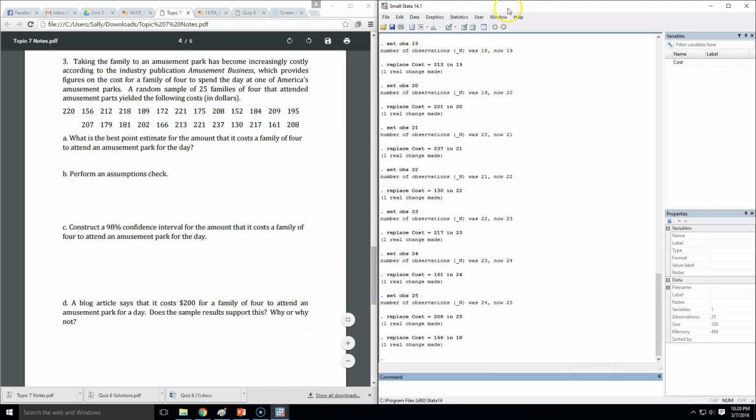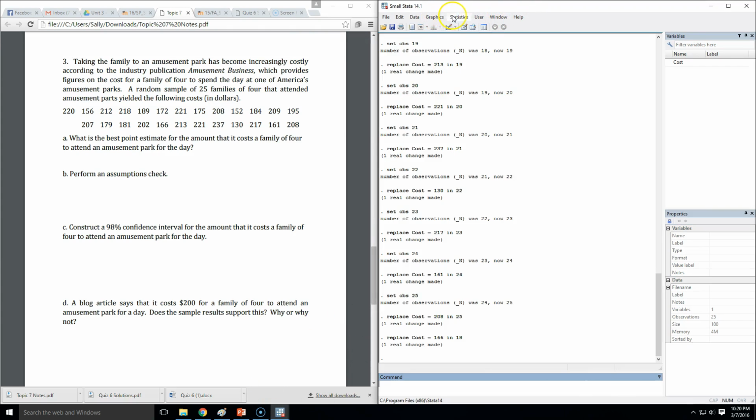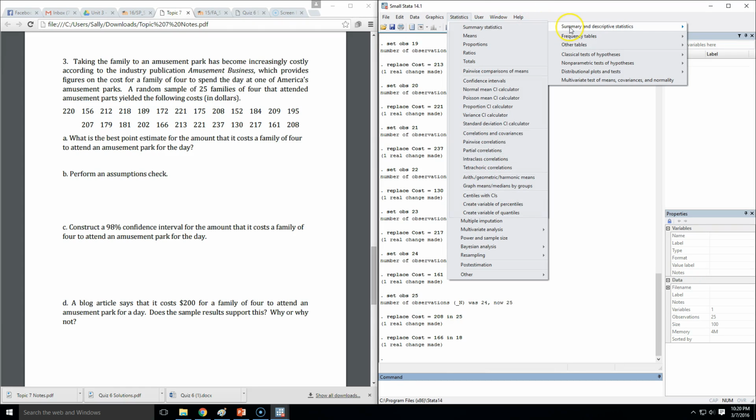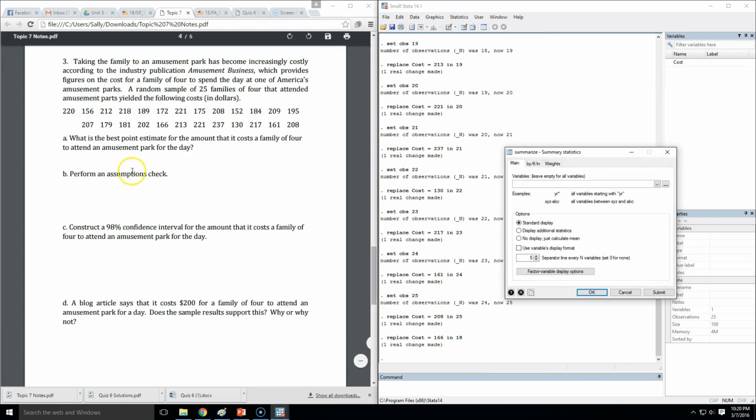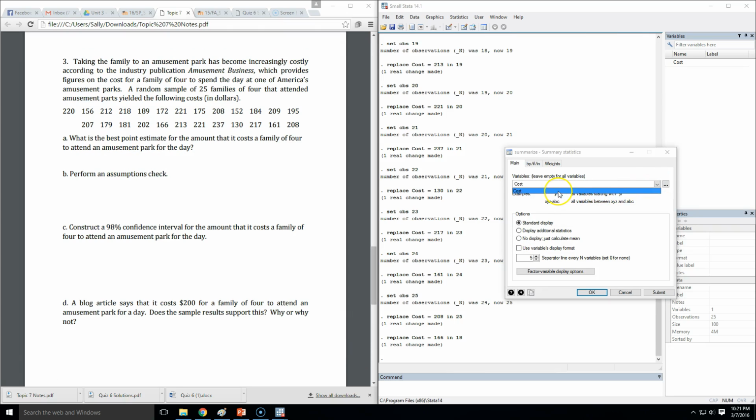So we need to do two things with Stata. The first thing that we need to do is get some summary statistics. So in order to get the point estimate for the amount that the family spends per day at the theme park, we would need to go to our cost variable. The standard display will be okay, but I'm just used to displaying additional statistics.